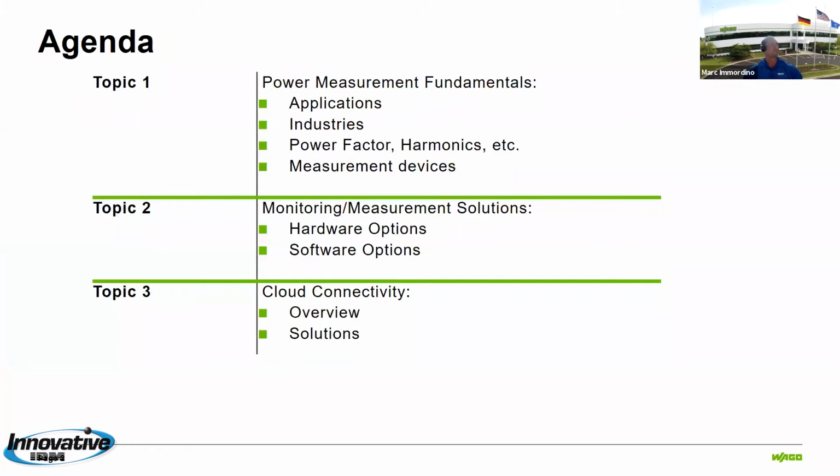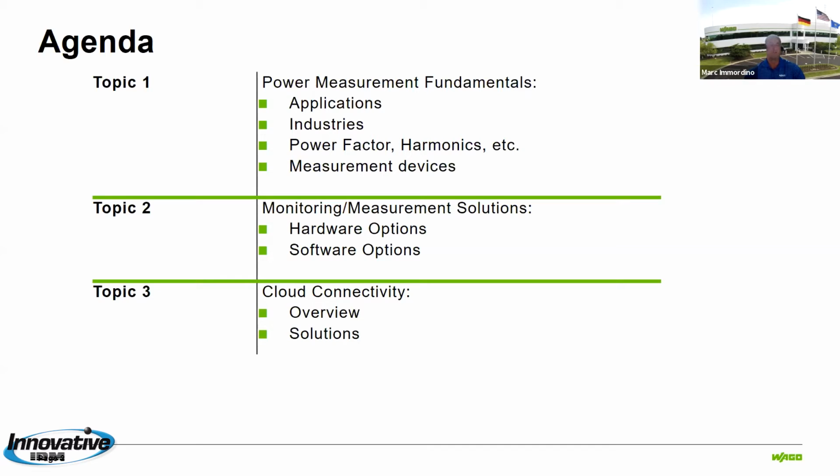So just a quick overview of the agenda and what we're going to be discussing. We're going to look at the different power measurement fundamentals, some applications, and industries that are impacted by this. We'll look at some basic terminology: power factor, harmonics, active power, reactive power, things of that nature.